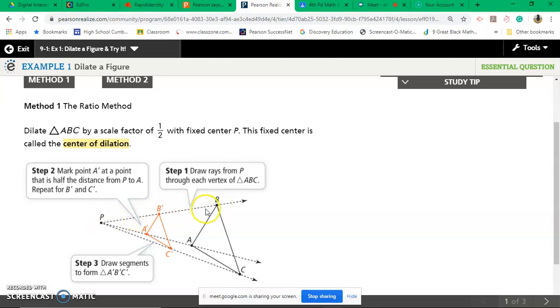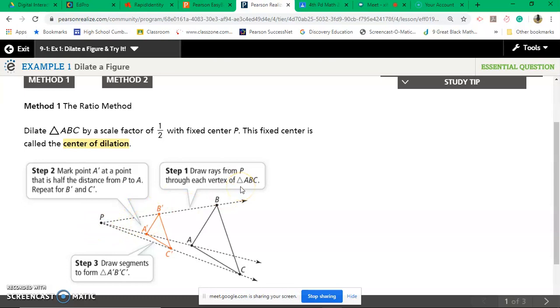The image is going to lie in between those two points because it's gotten smaller. So you see the lines get closer and closer together as they get back to the center.